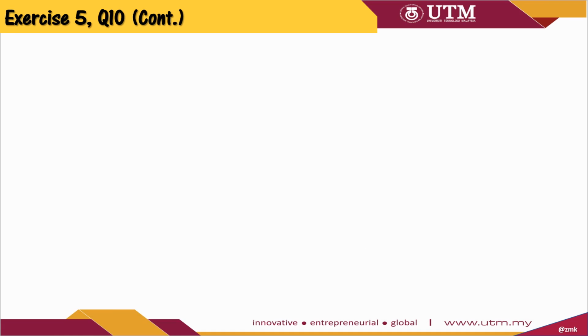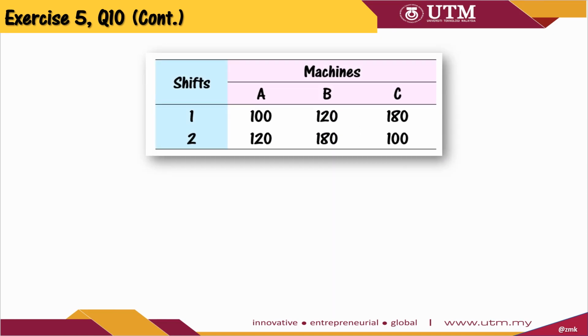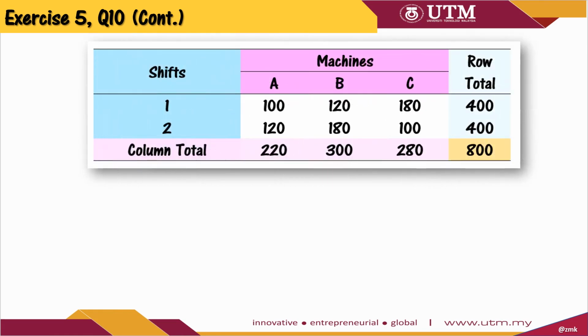To answer question 10 in exercise 5, we can begin with calculating the values of eij for all 6 cells. The sample data were given as follows. First, find the marginal totals, which are the row total and the column total as listed below.